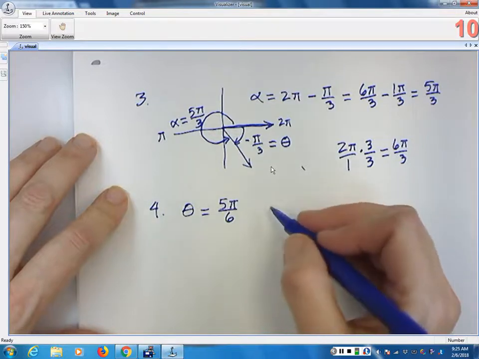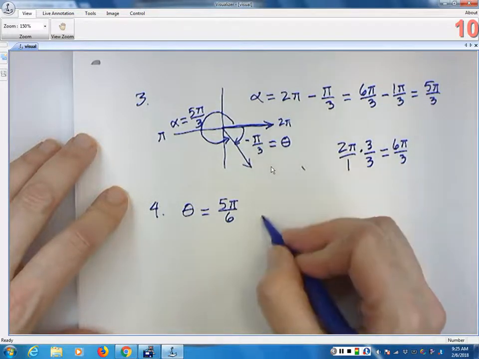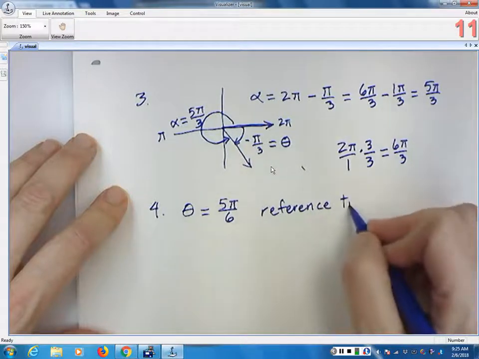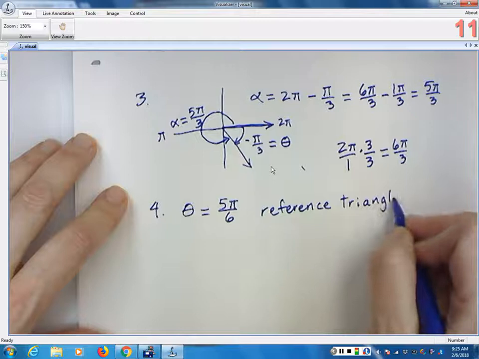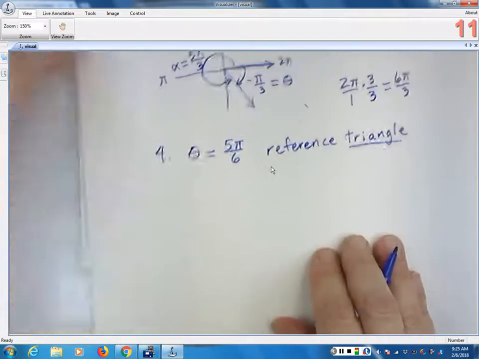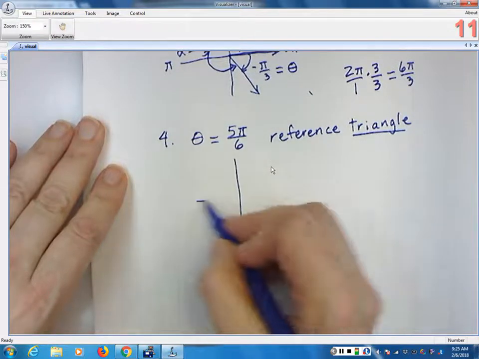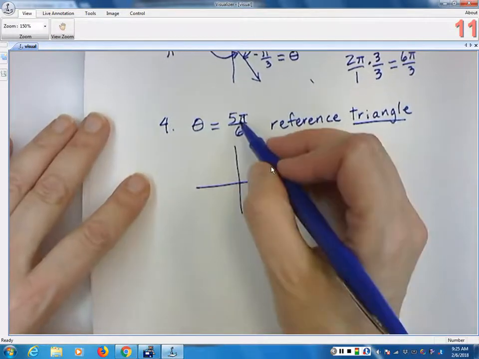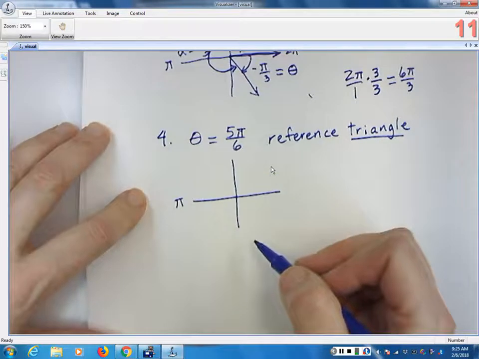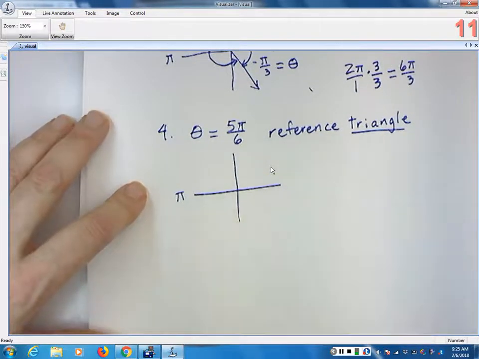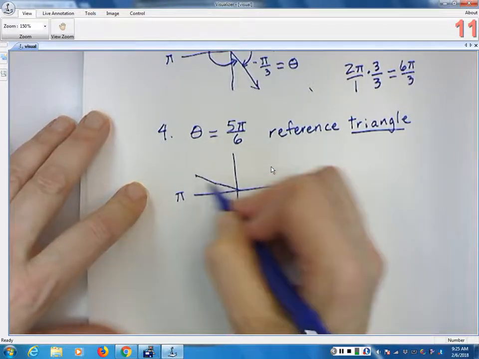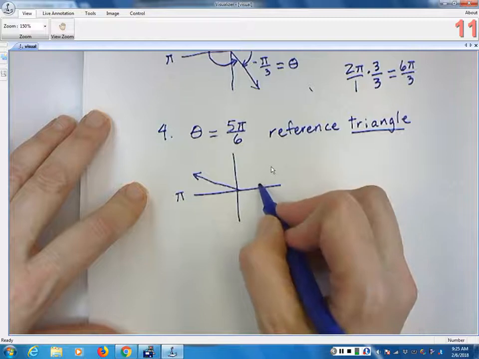And we're gonna do the reference triangle, not just the reference angle. And it says label all the angles and sides, lengths of sides. So, again, you have this. 5 pi over 6 is less than pi. This is still the non-calculator part, so you gotta be somewhat good with fractions here. This is theta.